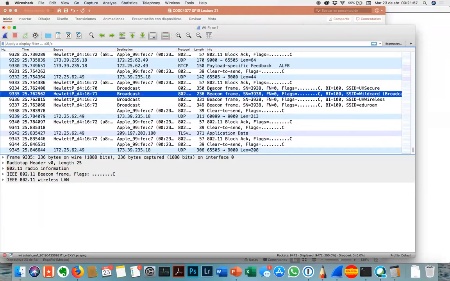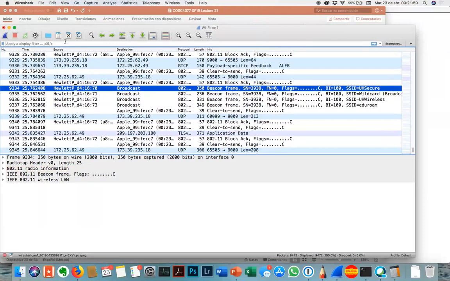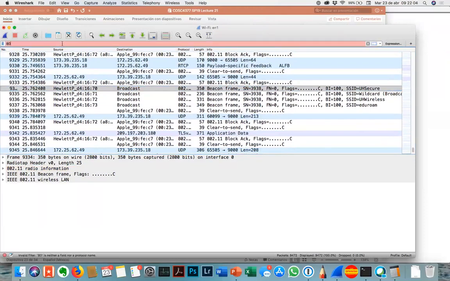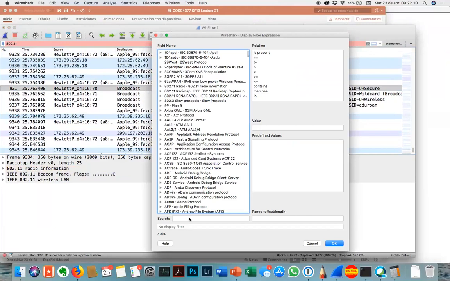If I want to, I don't know what the filter is for beacon frames, but we can try searching for it. There's a million of them, so it's impossible for me to remember a bunch of them, but I'll try. Let's see if we can find one. And I want to see if I can find one for my phone.